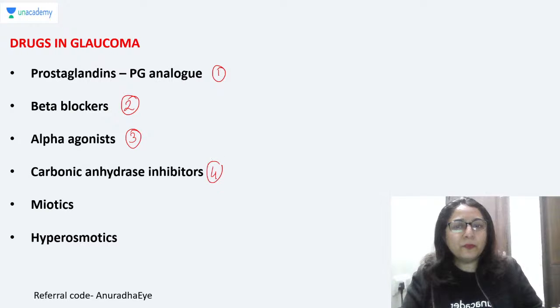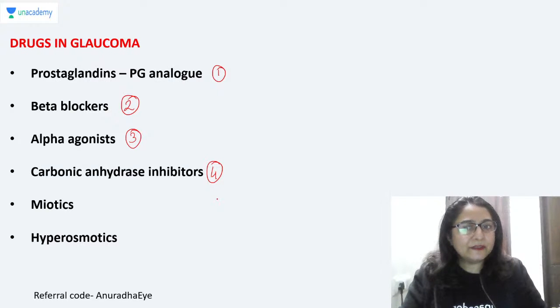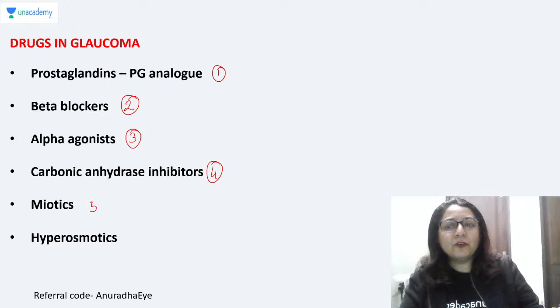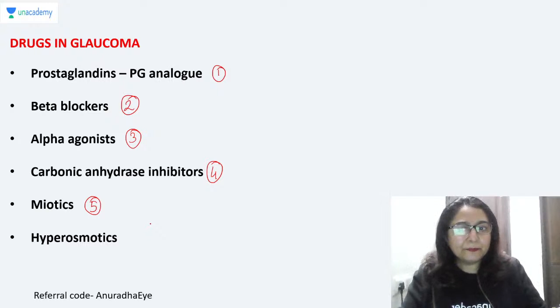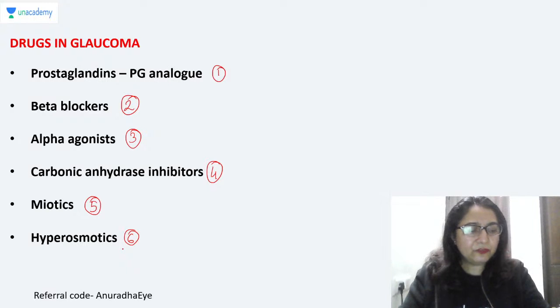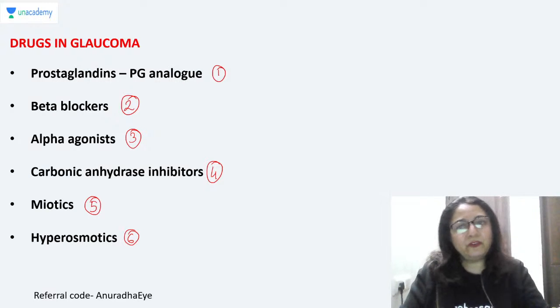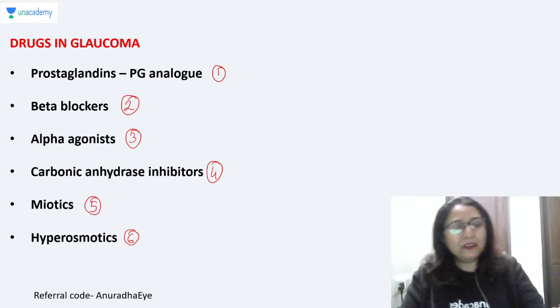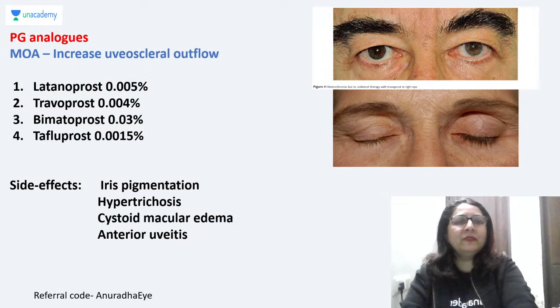The fourth group is of carbonic anhydrase inhibitors. The fifth group is of miotics, or the cholinergic drugs. And the sixth one are your hyperosmotic drugs. So these are the 6 groups of drugs which we can make use of to control intraocular pressure. So let's discuss them one by one.